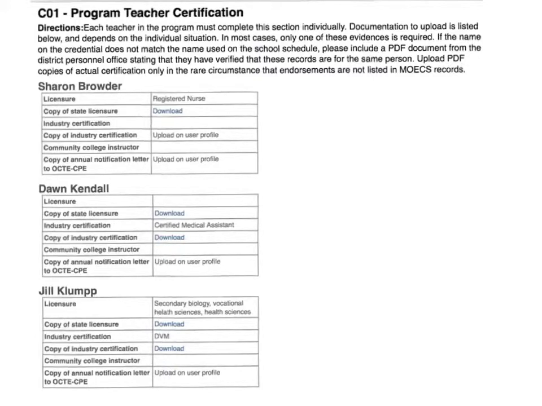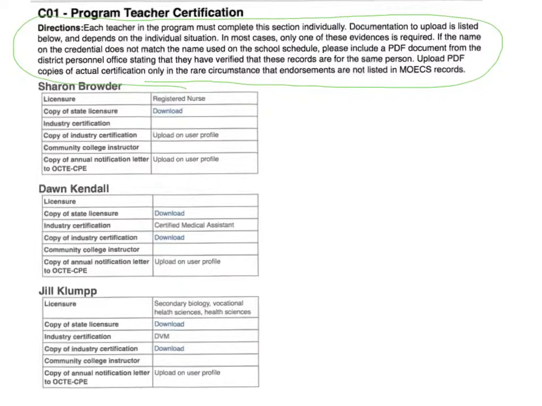Now, something that is very interesting, no one ever seems to read this, but it does give directions right here at the top of every area of the CIP Self-Review. And it says quite clearly, documentation to upload is listed below and depends on the individual situation. In most cases, only one of these evidences is required.